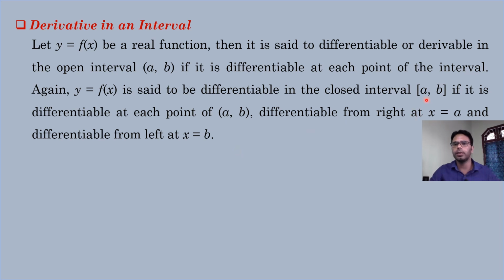At the point a you should check the right derivative, at the point b you should take the left derivative, and in between a and b at all points. Is that clear? I think it is better understandable to you.